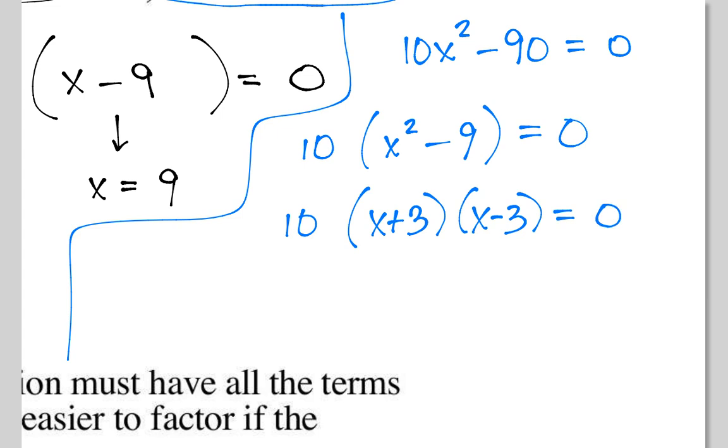So what are the solutions? This one gives you x equals 3. This one gives you x equals negative 3. And what does this one give you? Yeah, there's no x there. You don't do anything with that one because 10 is always 10. 10 will never change.